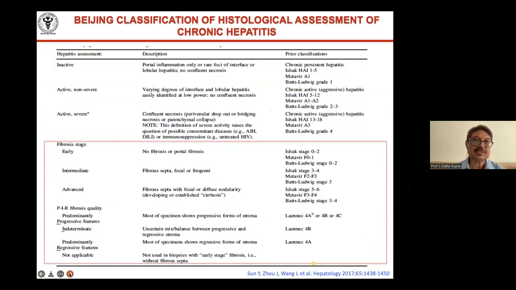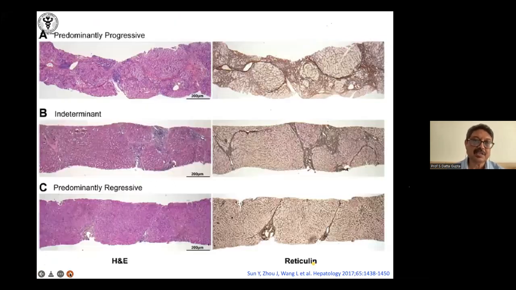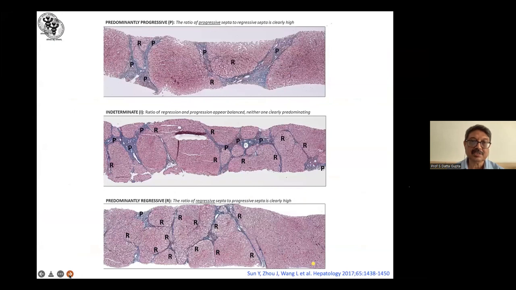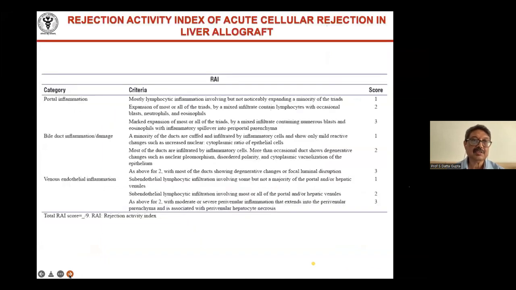There is a Beijing classification related to this, you can read about it. So this cirrhotic is likely to do better than him or her. So there's a grading of cirrhosis that is there nowadays.